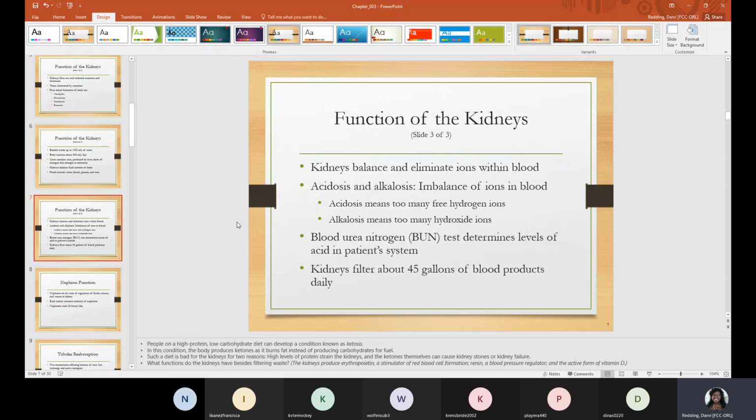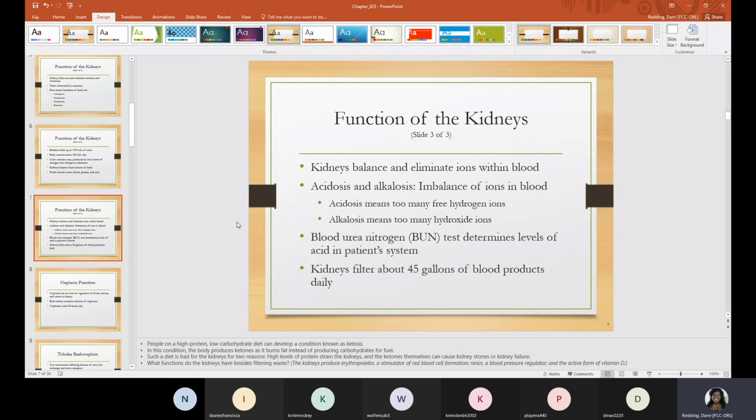Now, with BUN, which stands for blood urea nitrogen, the test determines the levels of the acid in the patient's system. And so this could also let the physician, or should I say the prescribers, or even the healthcare professionals know what the pH level is in the patient's body.